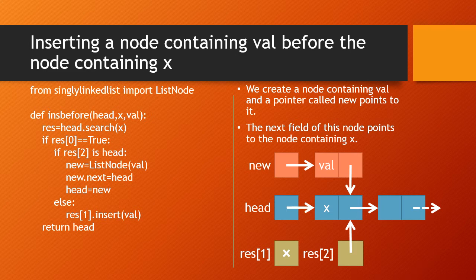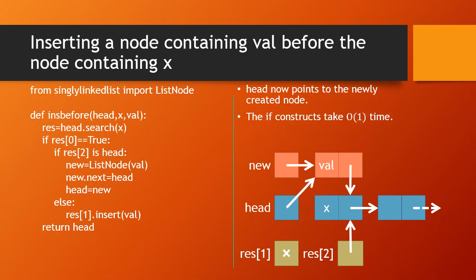In other words, we make the next field of the node pointed to by new point where head is pointing. And the third thing that we do is make the head pointer point where the new pointer is pointing. So the head pointer starts to point to the node containing val.